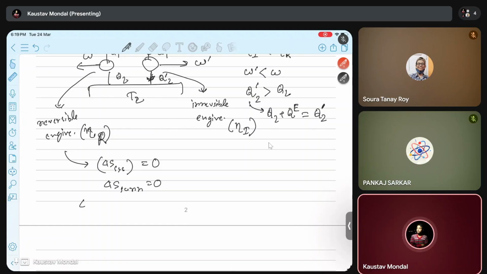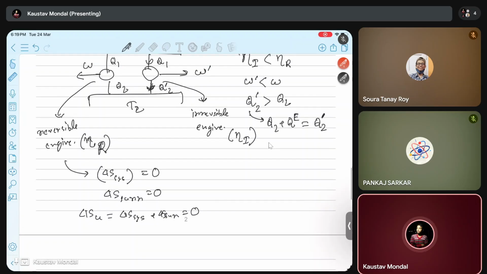So the change in entropy for the entire universe, delta S system plus delta S surroundings, is equal to 0. The main takeaway is that for a reversible engine, the change in entropy in the universe is equal to 0. So for the system as well as the surroundings, the change in entropy is equal to 0.